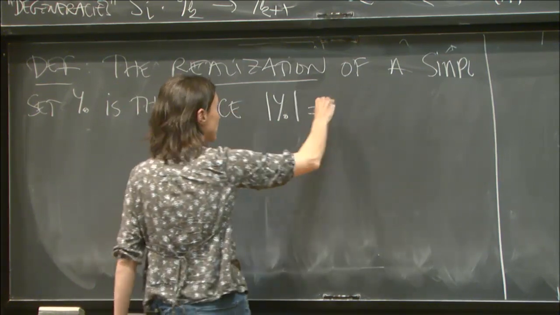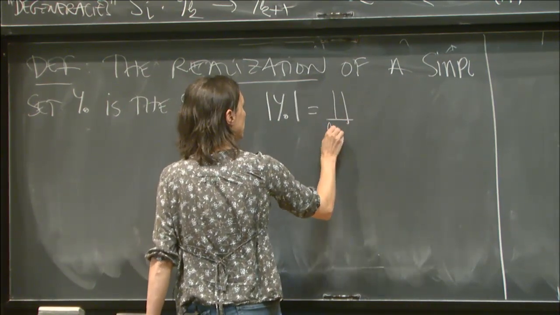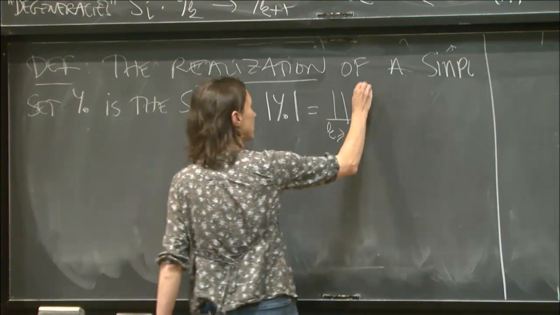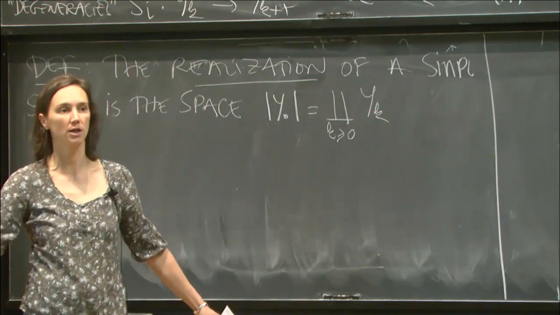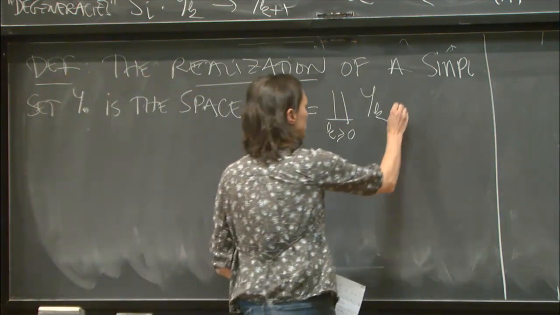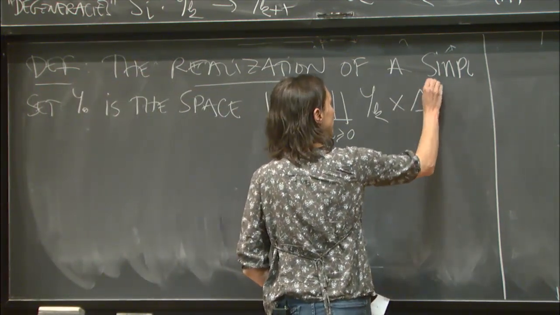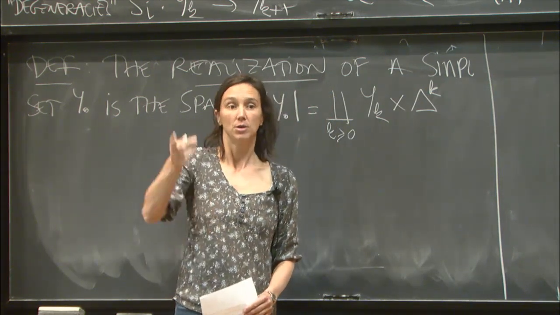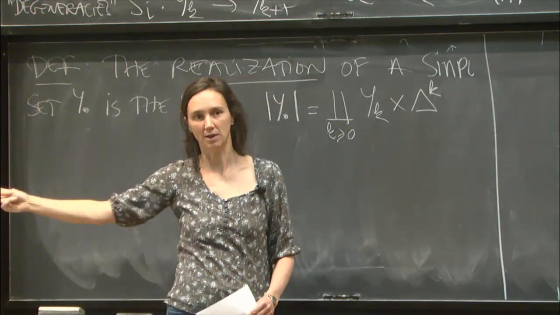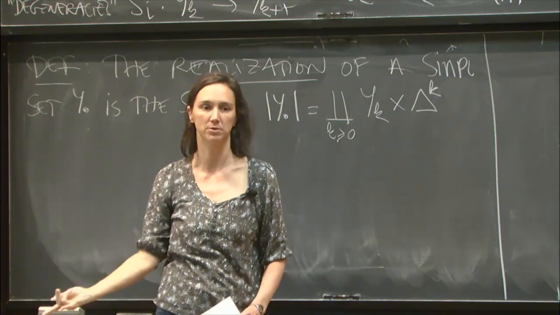And what do we do? For every k, we take Yk, which is our set of k simplices, and we put a k simplex for every k simplex geometrically. Right? So we cross with delta k. For every k simplex, I put a k simplex. But now I remember how my simplices are attached together according to my face maps and degeneracies.